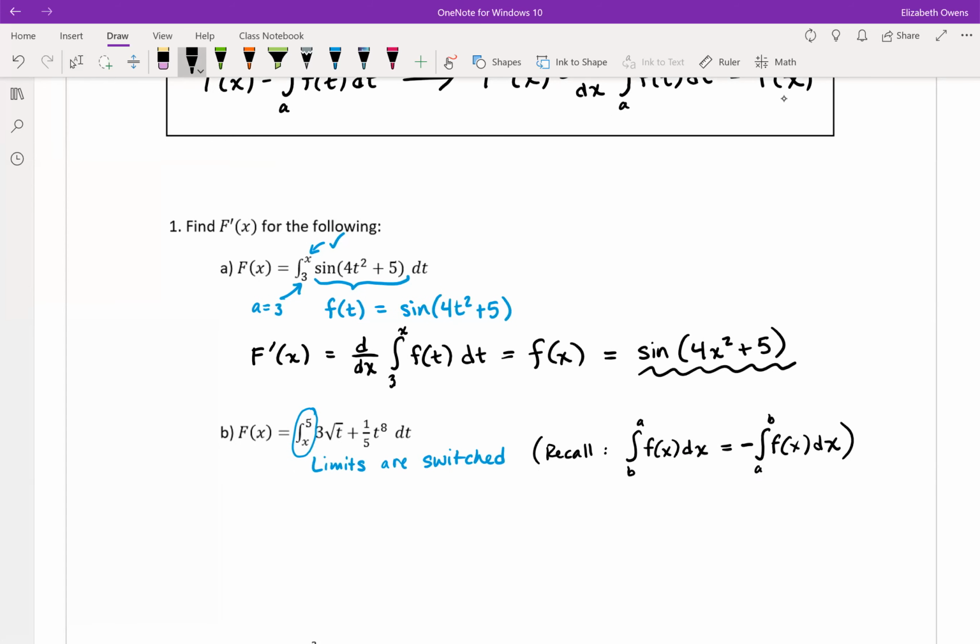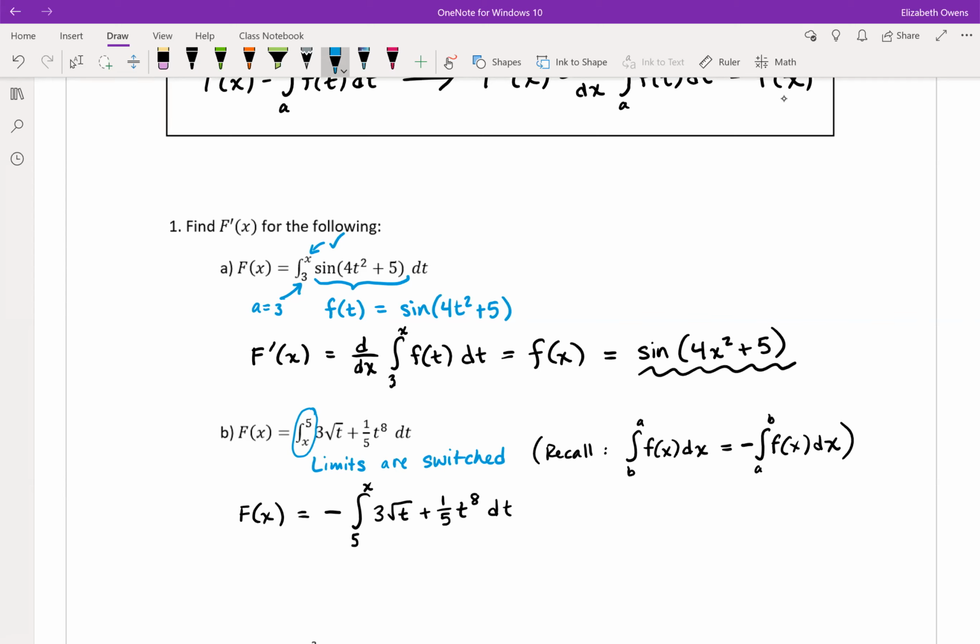So let's rewrite our function, big F of x, as being negative integral from 5 to x of 3 root t plus 1/5 t to the 8th dt. And now we have what we want here.